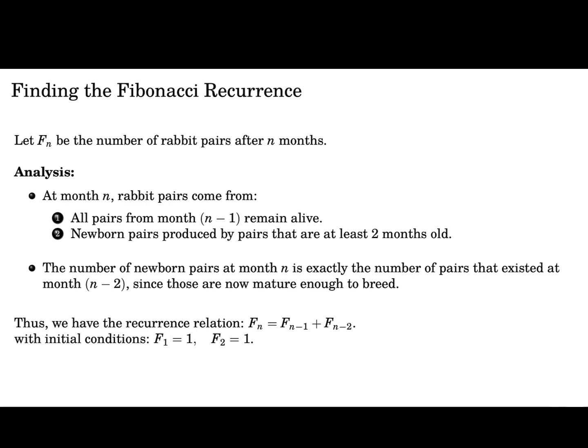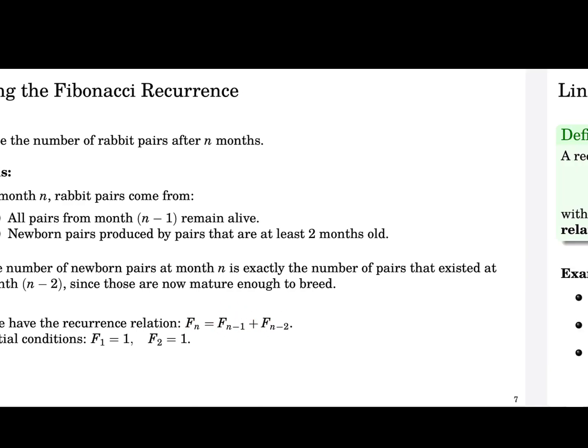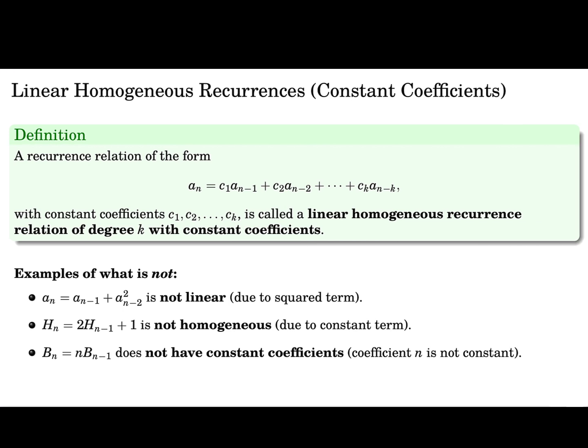Now, this is an important class of recurrence relations. It's an example of a linear homogeneous recurrence with constant coefficients. Let's see exactly what that is.